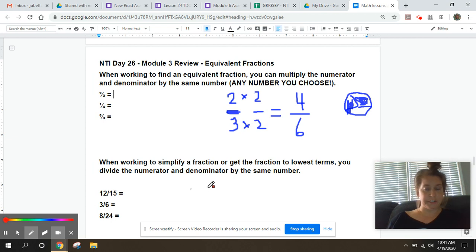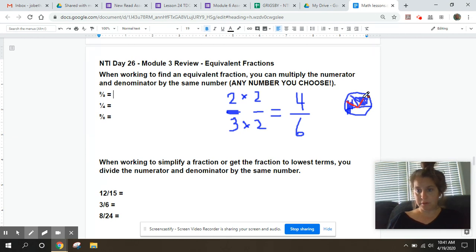So I'm going to change colors here because I'm going to show you what happens when you split these. When you have this 2 out of 3, and you cut it and multiply it by halves, I now have, and I'm going to change my color again so I can show you, 1, 2, 3, 4 shaded out of 1, 2, 3, 4, 5, 6.